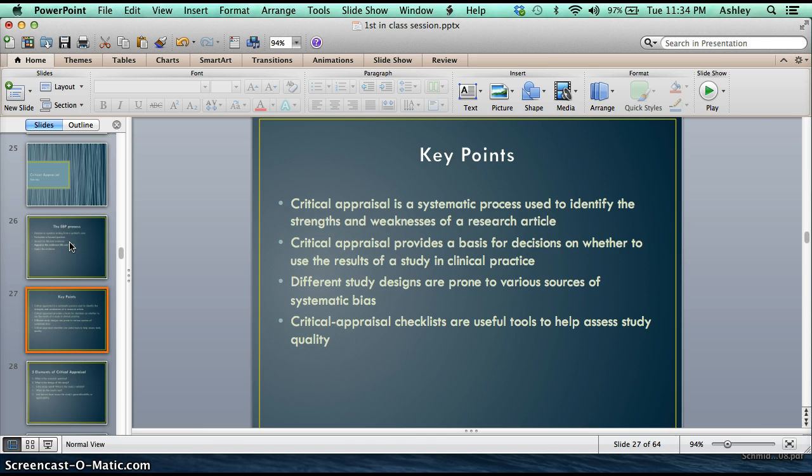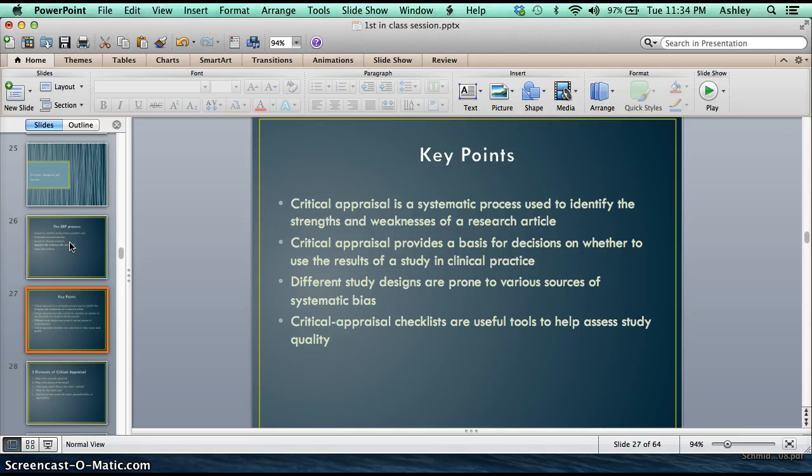The first thing is critical appraisal is a systematic process used to identify the strengths and weaknesses of a research article. Essentially, we want to know if what we're reading is valid, and if it's valid, should we be using it?